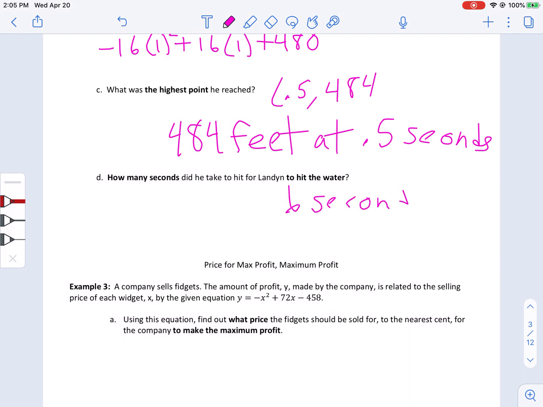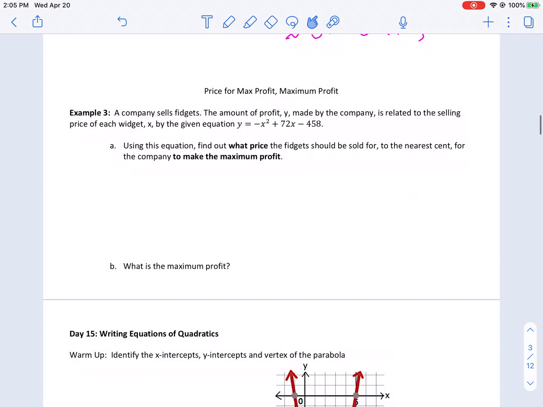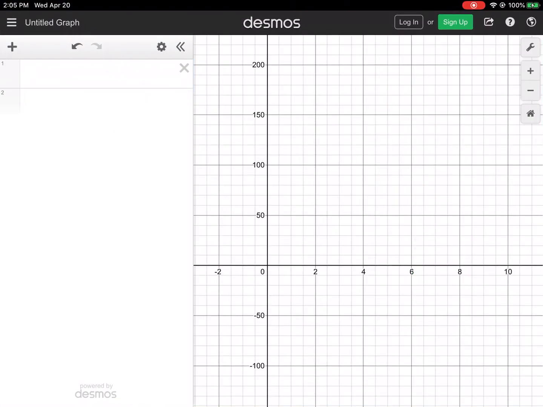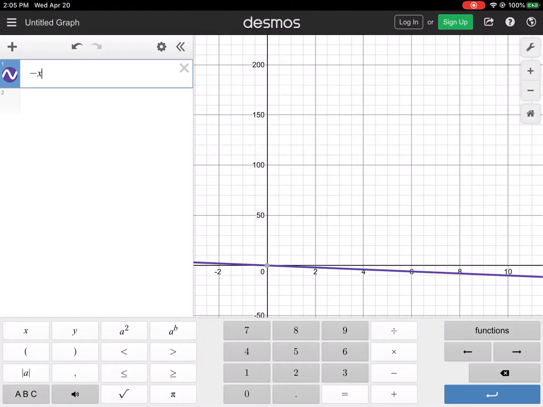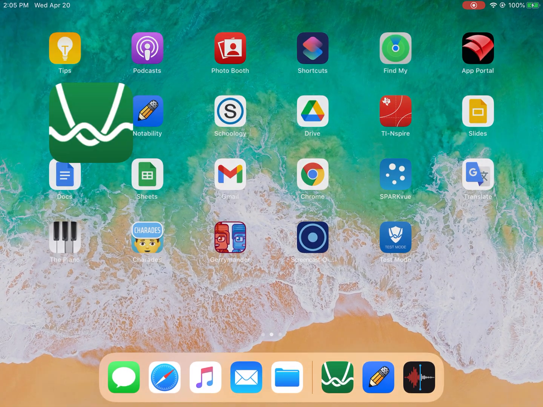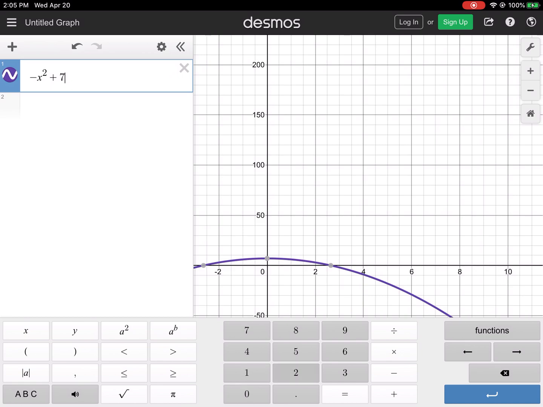And let's take a look at this last one, a profit equation here. A company sells widgets. The amount of profit, y, made by the company is related to the selling price. Use this equation to find what price the widget should be sold for to make the maximum profit. So let's graph that. So we have negative x squared plus 72x plus 458.